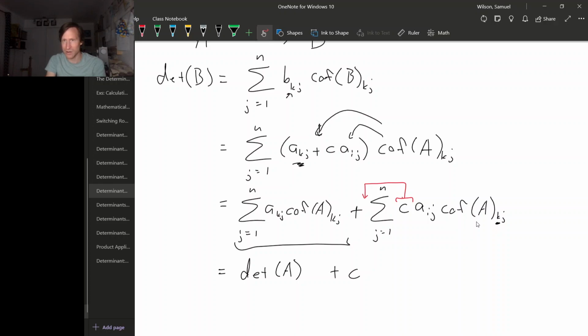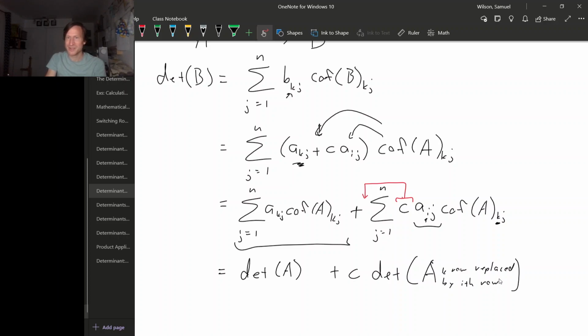That's why there's a k here. But in these entries, it's not entries coming from the kth row, it's entries coming from the ith row. So this is the determinant of A, but the kth row has been replaced by the ith row.